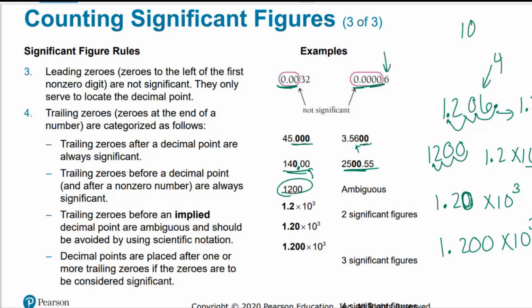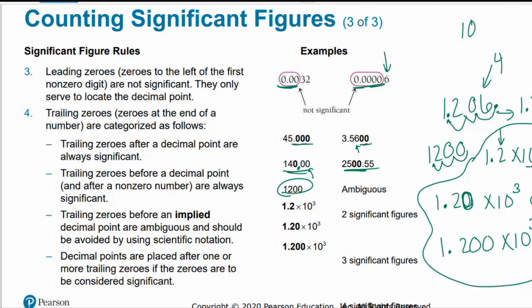So all of these numbers, 1.2 times 10 to the third, 1.20 times 10 to the third, 1.200 times 10 to the third, they're all equal 1200. They're all the same number, but they all have different numbers of significant figures, and the uncertainty is in different decimal places.